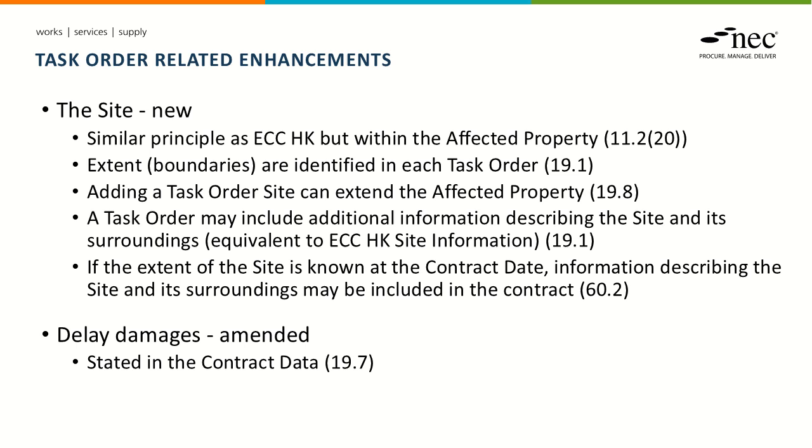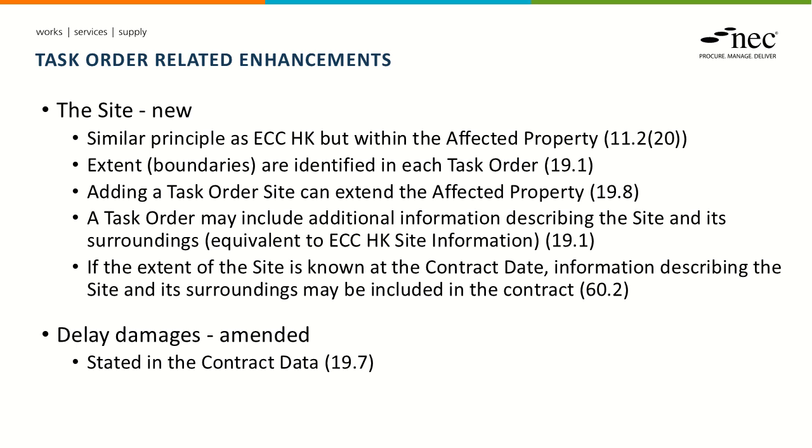In defining the extent of the site within the task order, there's also flexibility to provide any additional information describing the site and its surroundings that may be relevant to what we're asking the contractor to do as part of the task order. So this information is the equivalent of what is called site information in the ECC.